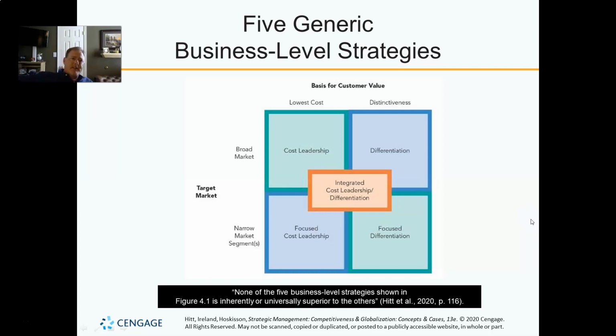And on the other end of the line, we have differentiation. What I mean is that we don't know just how high our customers are willing to go.